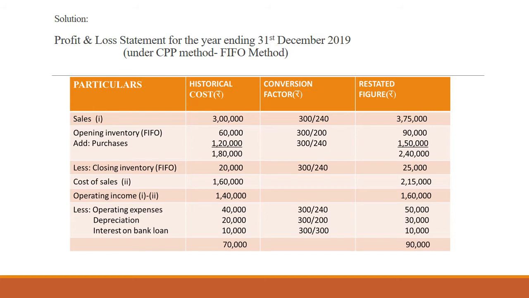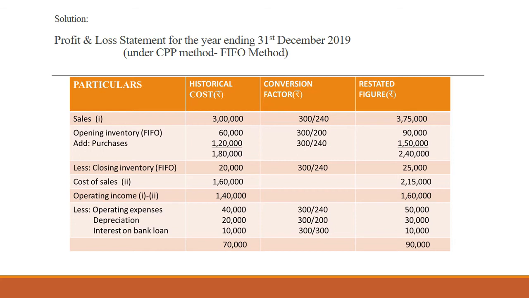Firstly, as given in the question, sales is taken. Sales is rupees 3 lakh. As we have told before, sales happen throughout, therefore the average index is taken here.